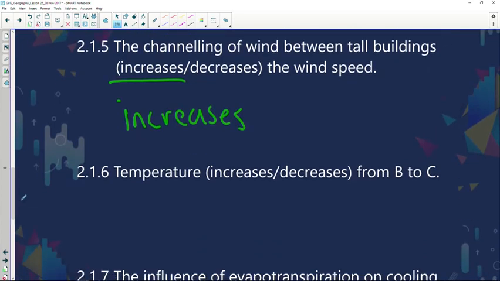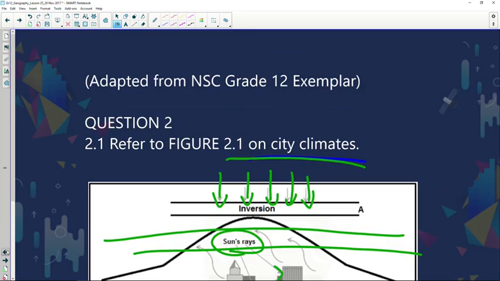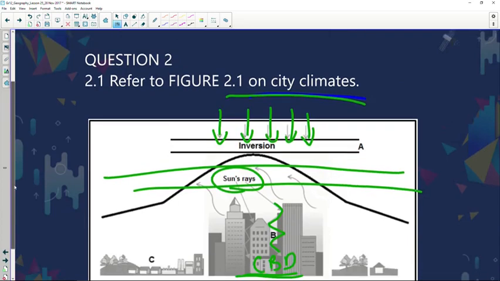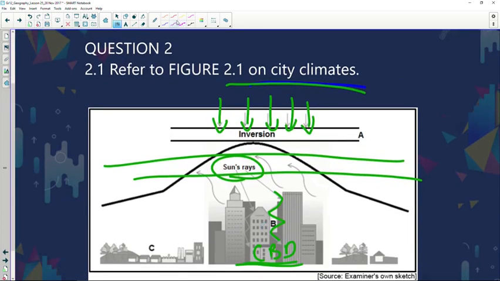2.1.6, temperature increase or decrease from B to C. Let's quickly have a look from B to C. What happens with the temperature? There's a CBD, and there are the rural or suburban areas. Definitely the temperature decreases. Why does it decrease?